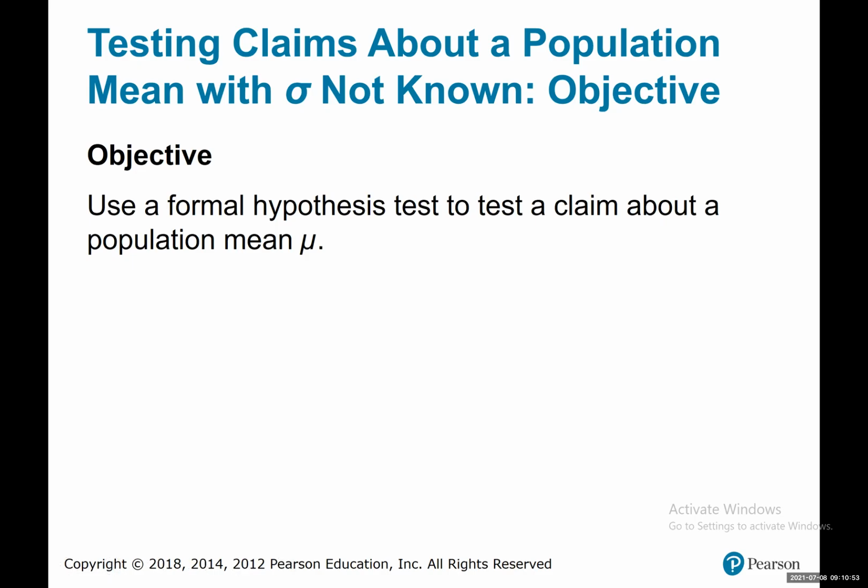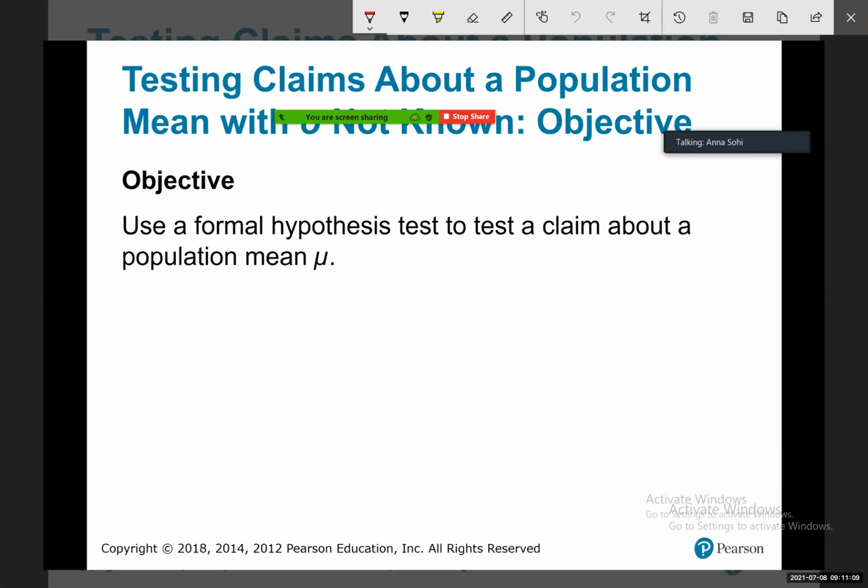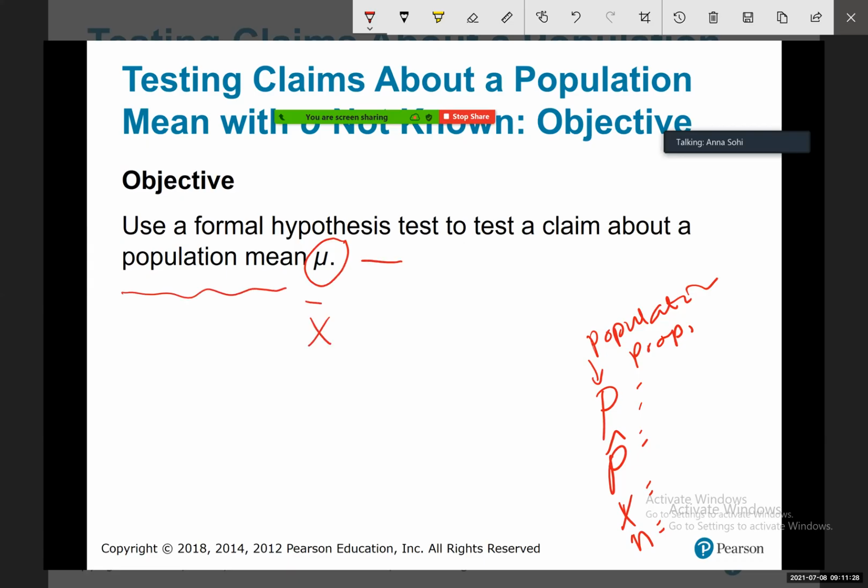Okay, test a claim about a population mean. In the previous section, we talked about population proportion, so we had x and n and p hat, and p for population proportion. In this case, we're going to talk about mu, the population mean, and x bar, the sample mean.